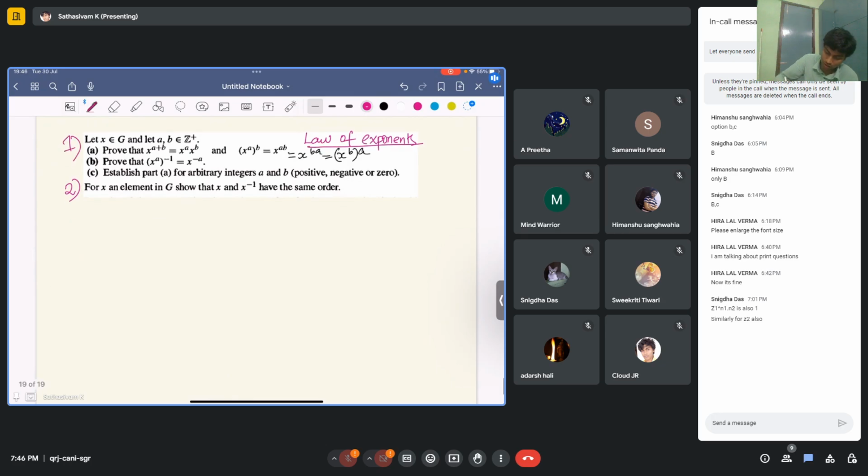What it says is, let x be an element in G, so that x and x inverse have the same order. So the second one says the order of x is the same as the order of x inverse.